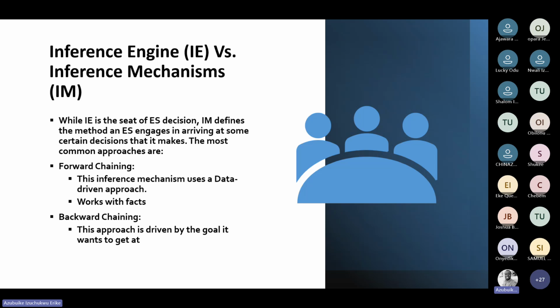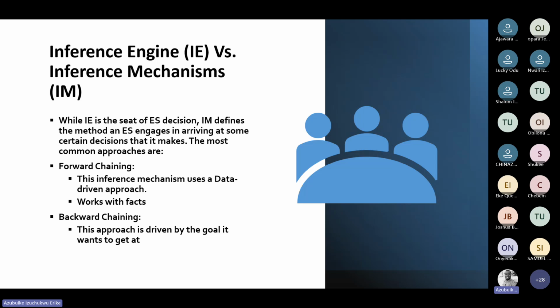Number one is what is called the forward chaining method, and this inference mechanism uses a data-driven approach to arrive at a conclusion. In other words, there are facts that it has to have in its hands for it to be able to make a decision, so it's not making arbitrary decisions.